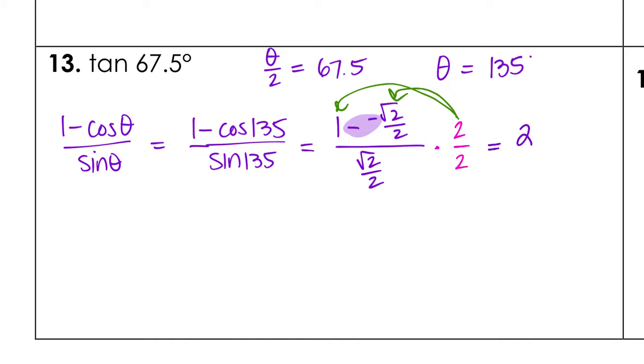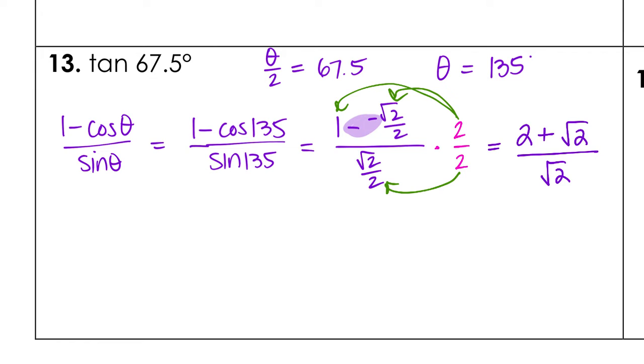Two times square root of 2 over 2 would just be square root of 2. But remember, minus and negative means that this is going to be plus. And then at the bottom, 2 times that fraction is going to be square root of 2.